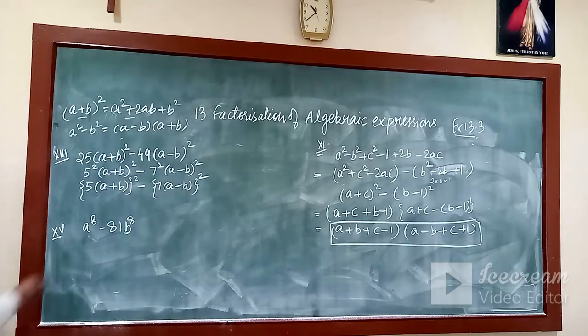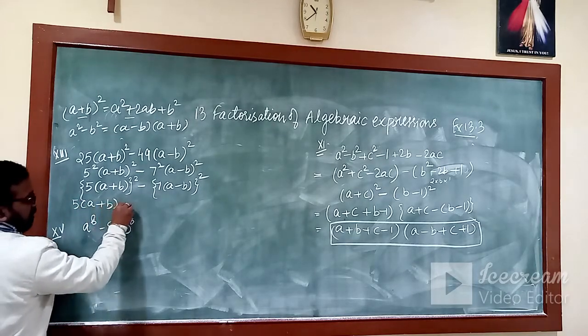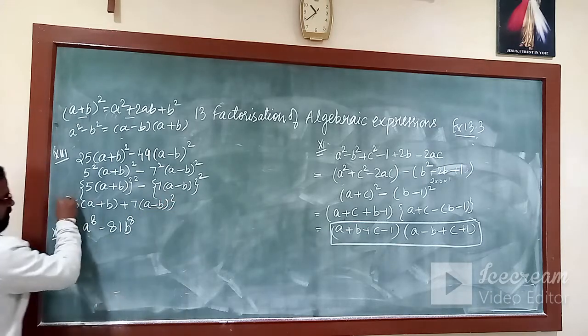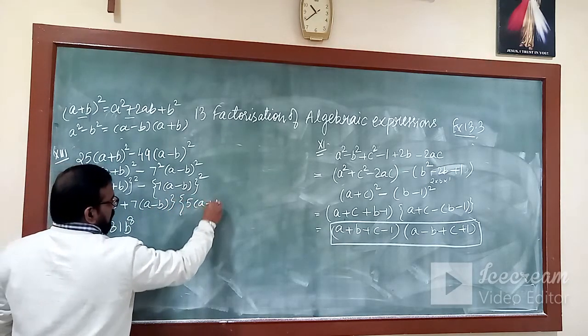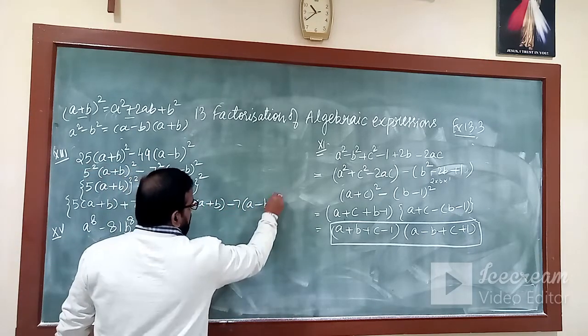Okay, so it is 5 into a plus b plus 7 into a minus b, one expression, then 5 into a plus b minus 7 into a minus b.